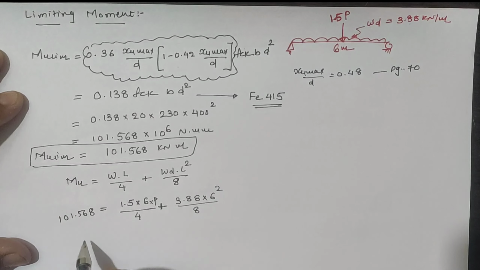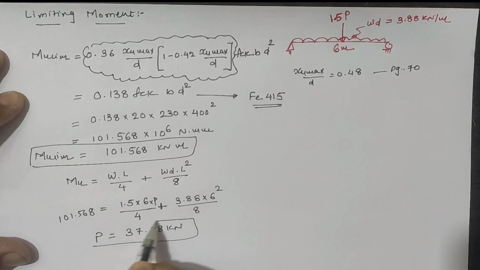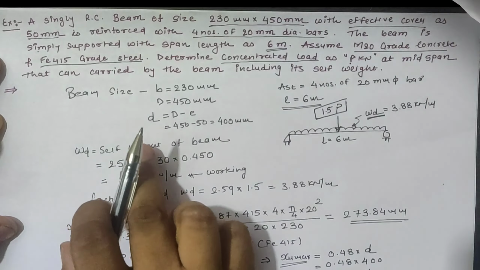After putting the value, we will have P as 37.38 kilonewton. It means that the concentrated safe load is 37.38 kilonewton for the given data.